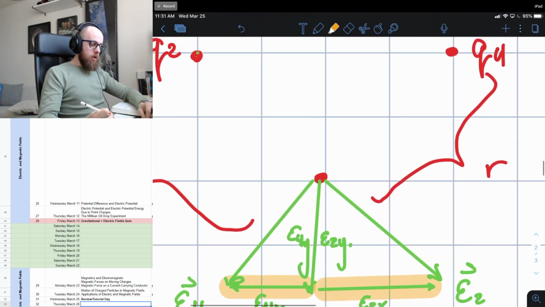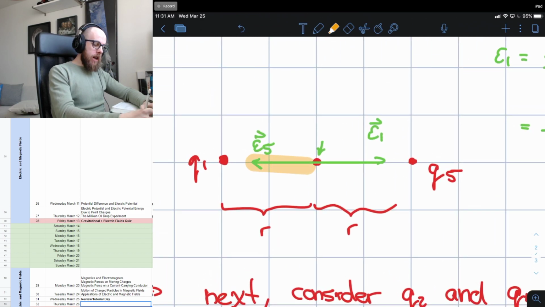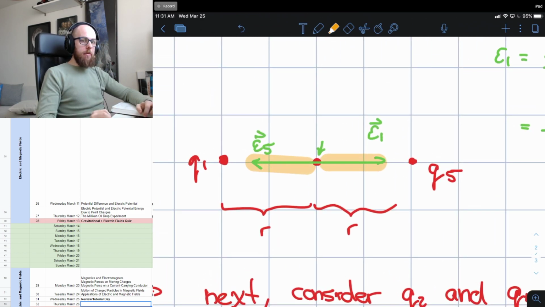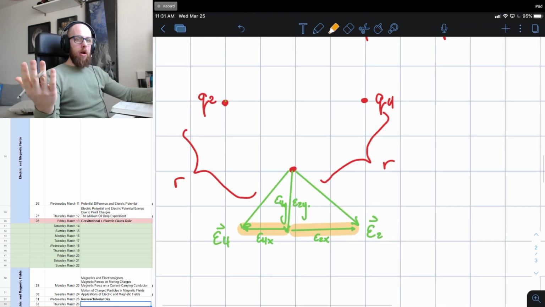For the same reason that E1 and E5 canceled each other out in our previous step, E2x and E4x will also cancel each other out. So there's no net electric field in the x direction. The x direction just cancels itself out.